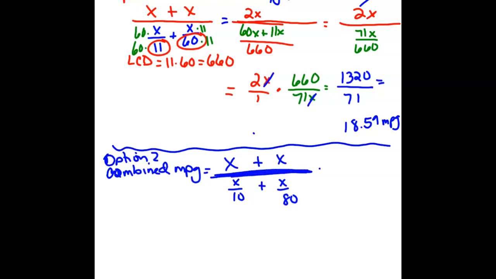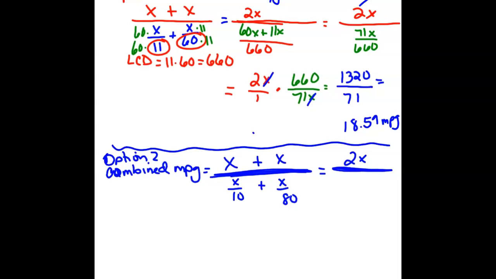Okay, so again, simplifying. The top just gets us a 2x again. For the bottom half, we need a common denominator. We have a 10 and an 80, so our LCD here would just be 80, which means the second fraction's fine. The first fraction would need to be multiplied by an 8. So we end up with 8x plus another x, which would be 9x. Then again, we're going to multiply by the reciprocal.